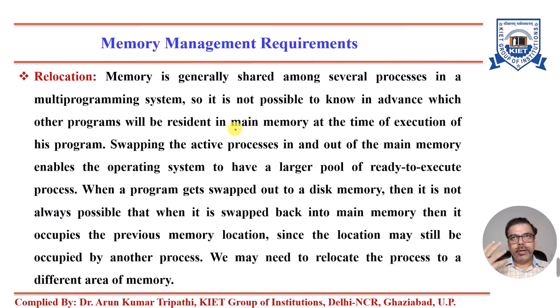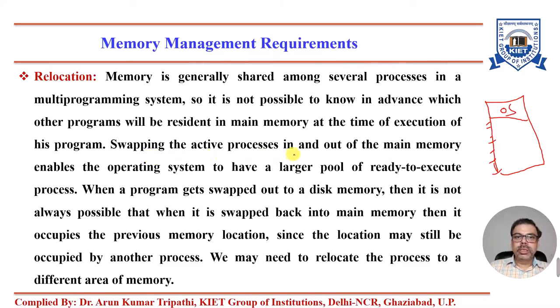Initially, we cannot separate the memory space for every process. So this is the memory as I discussed in the previous slide, and this is the operating system. Now, a program may reside at any memory location that is available.